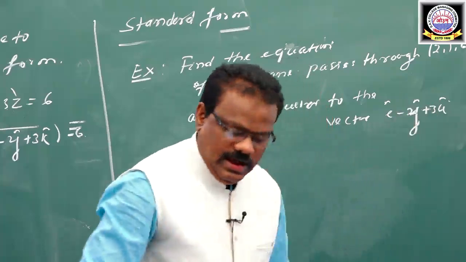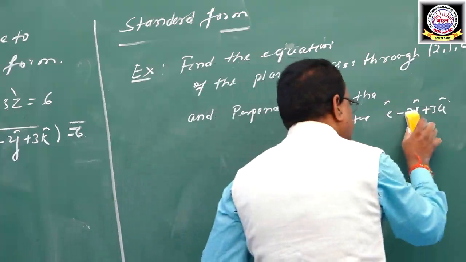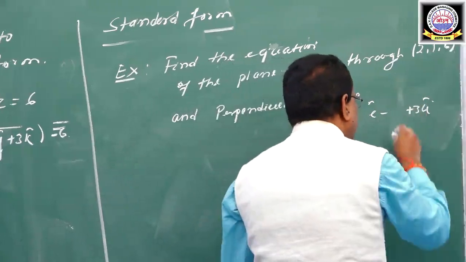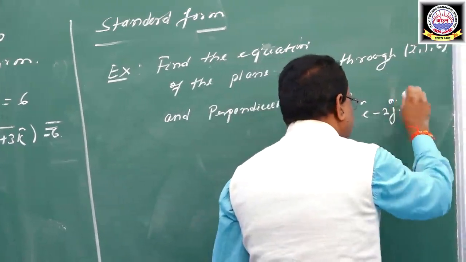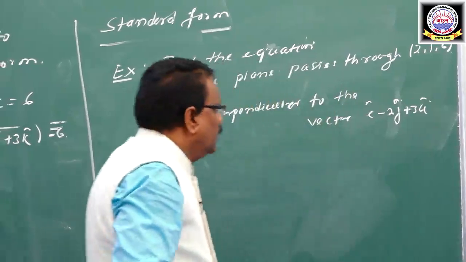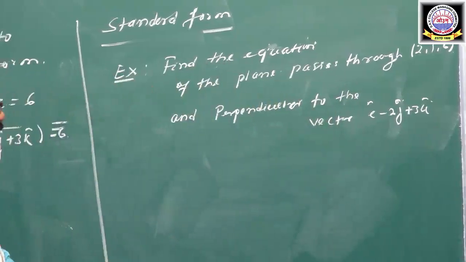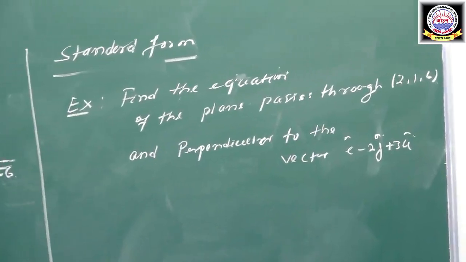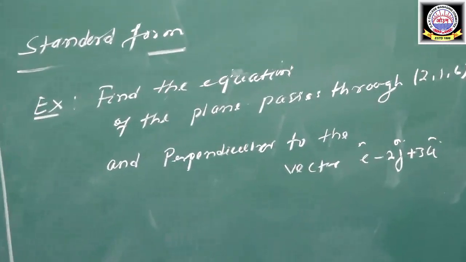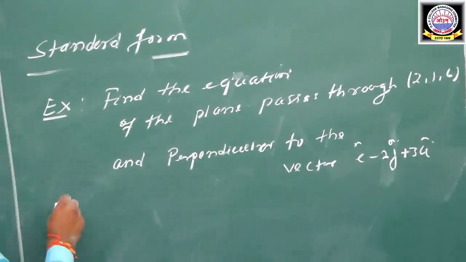Correct? i minus 2j plus 3k. So find the equation of the plane passing through this point and perpendicular to this vector. So you will get it.